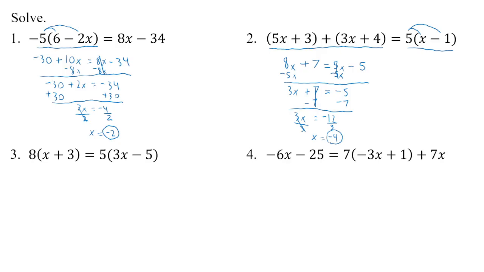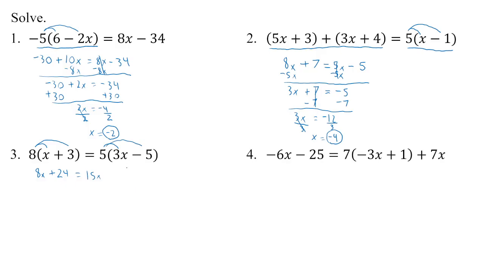All right, next on number 3, we're going to apply the distributive property. 8 times x is 8x. 8 times 3 is 24. And on this side, we're going to apply the distributive property. 5 times 3x is 15x.